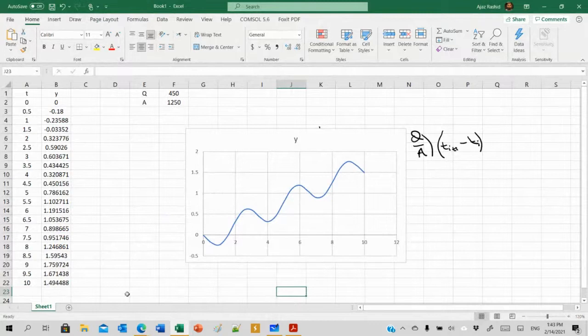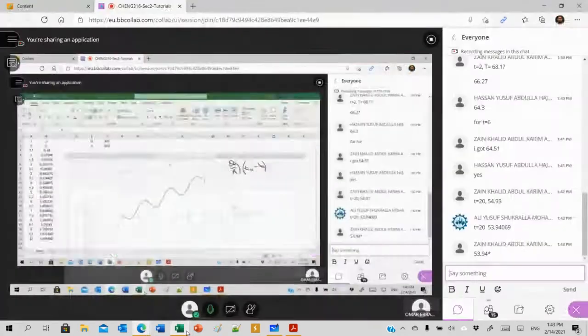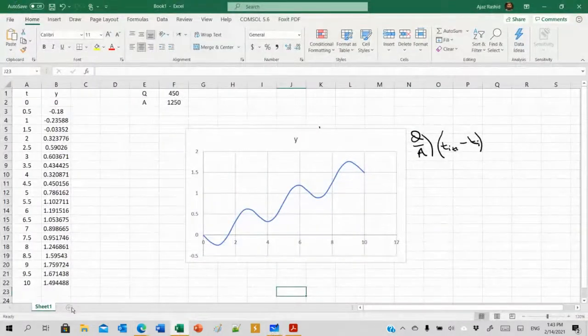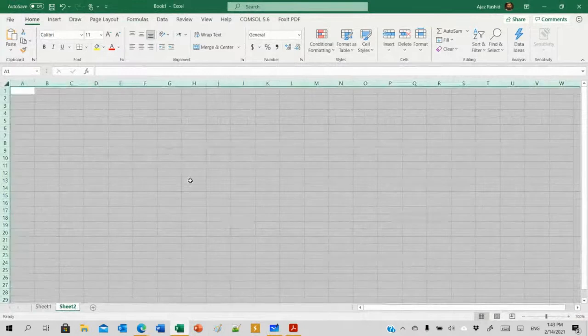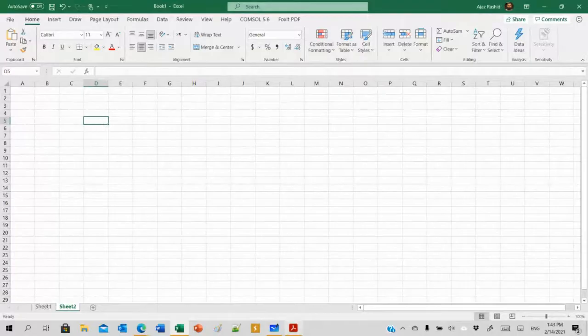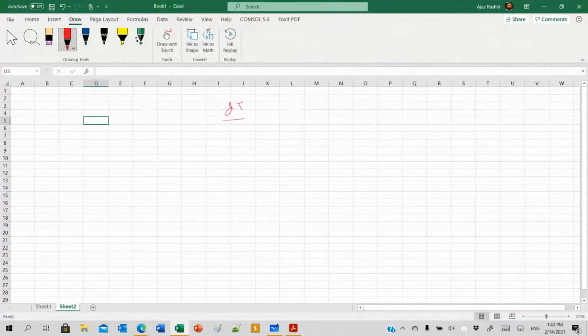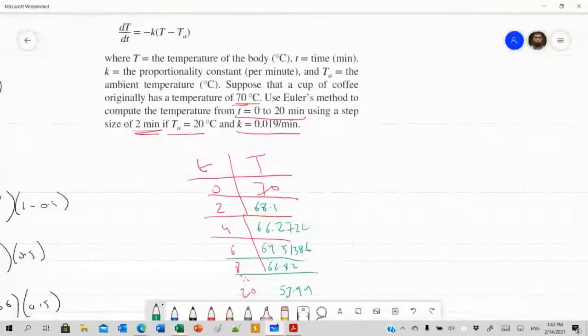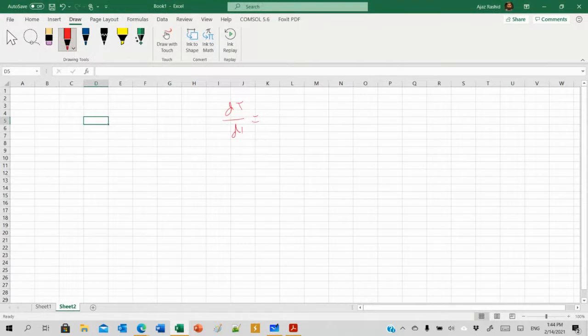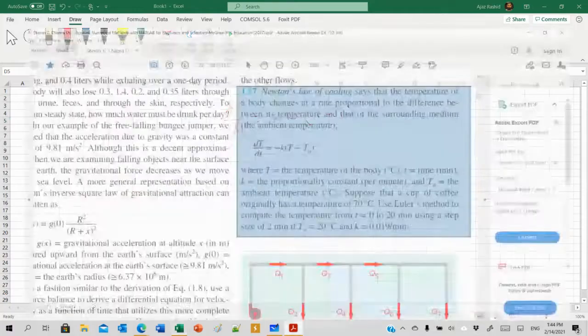If you want to compare, let's say, I'll make a new sheet here. We have dT over dt is minus k(T minus TA).